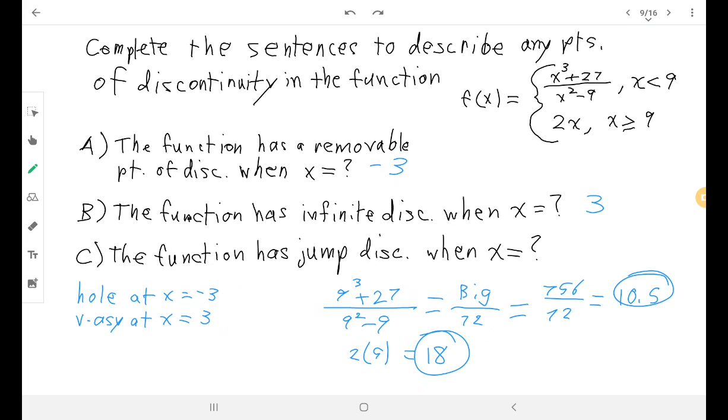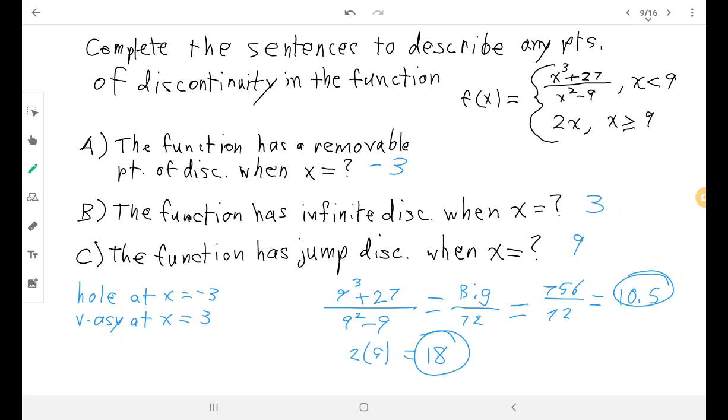So at an x value of 9, I jump up from 10.5 open circle, immediately jump up to 18 filled-in circle, and then continue with that 2x graph.